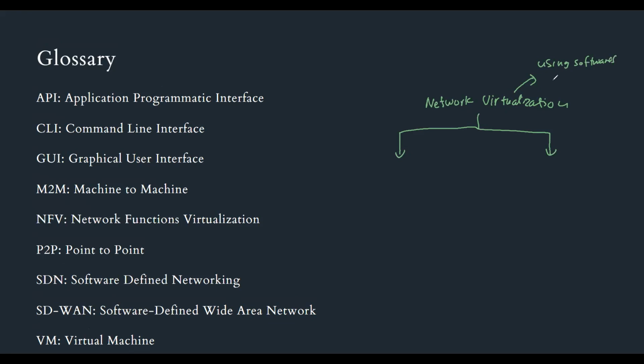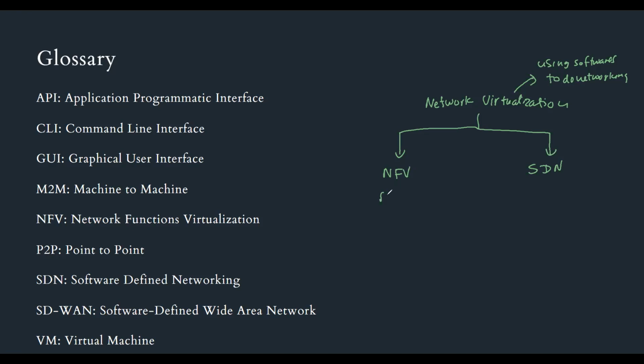The networking functions can be divided into two basically: controlling the data traffic and sending the data traffic. Controlling the data traffic can be done using the software-defined networking technology, SDN, and sending the data forward and doing other networking functions can be done using network function virtualization.